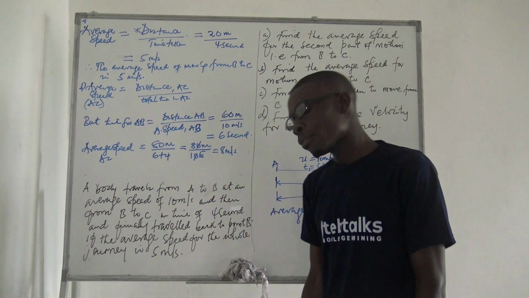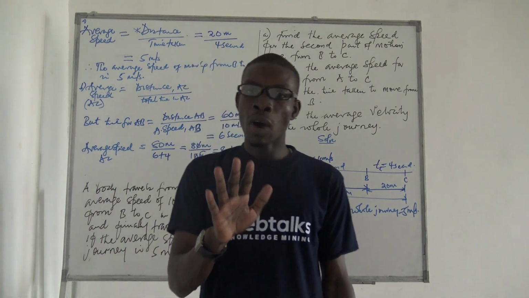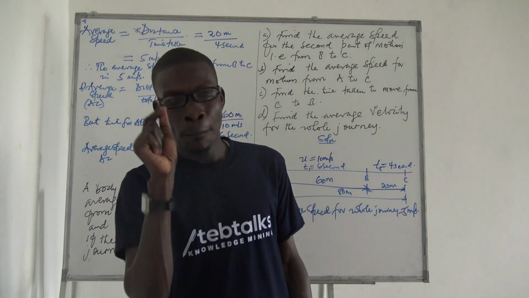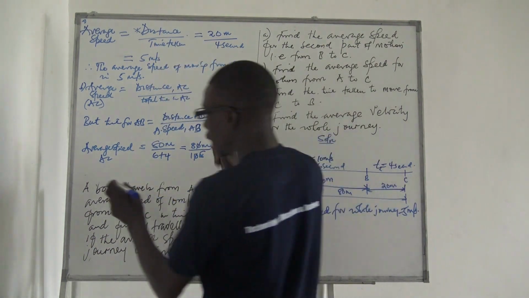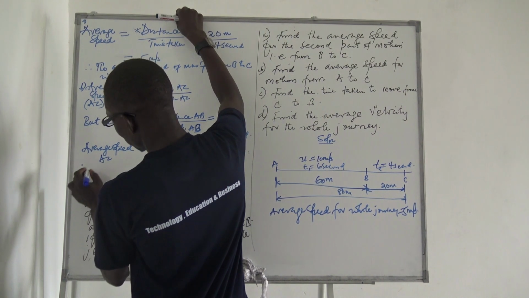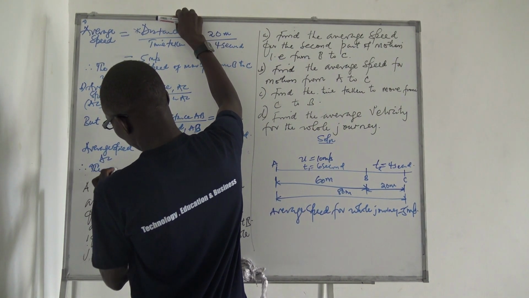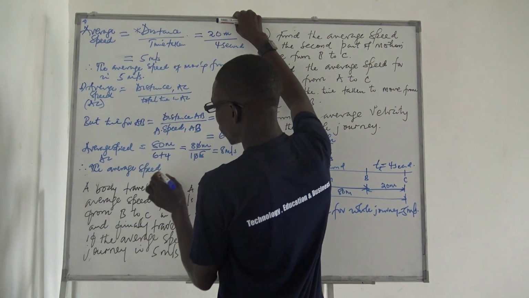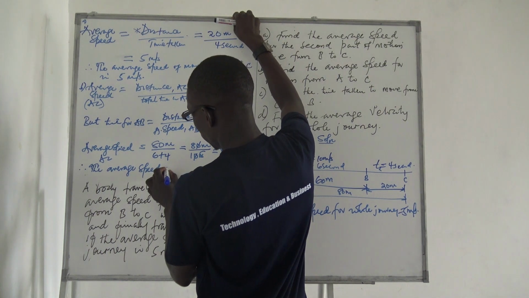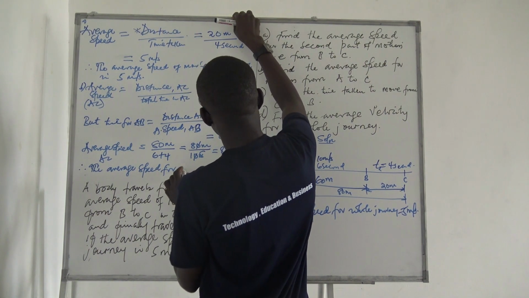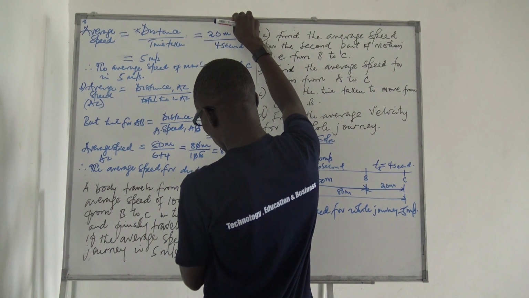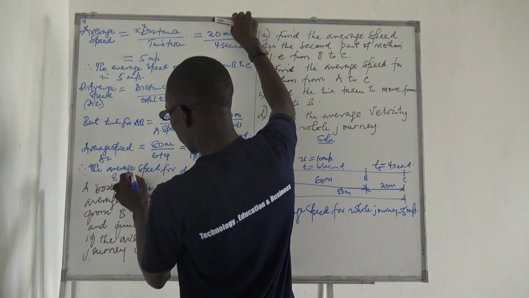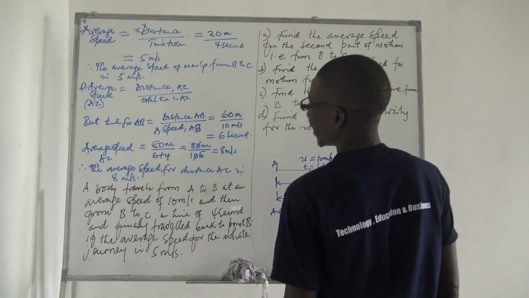And if it is 80 divided by 10, that is 8 meters per second as the average speed that you can conclude and say, therefore, the average speed for distance AC is 8 meters per second. Is that clear?